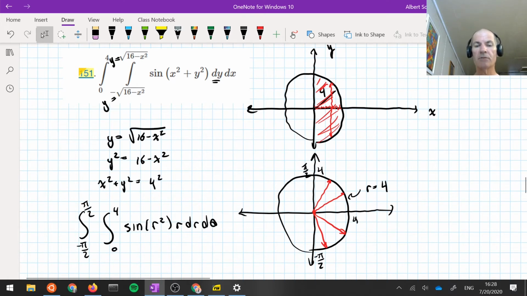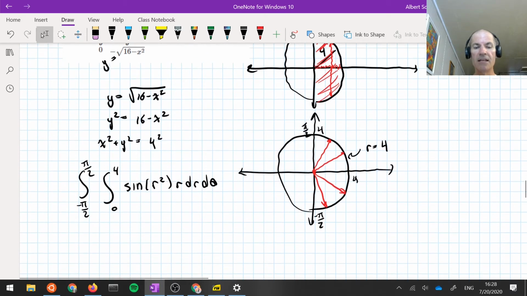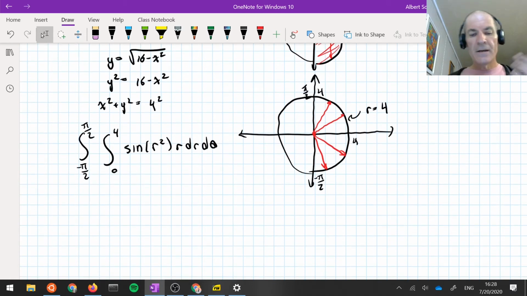I don't have a handy du sitting around. But when I convert to polar coordinates, I still have an r squared inside the sine, but now I get this extra factor of r from the polar coordinate transformation, and lo and behold, I get a convenient du.